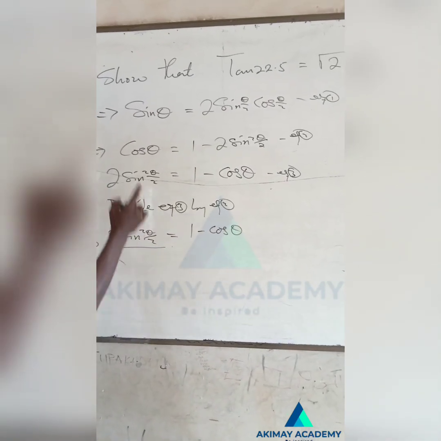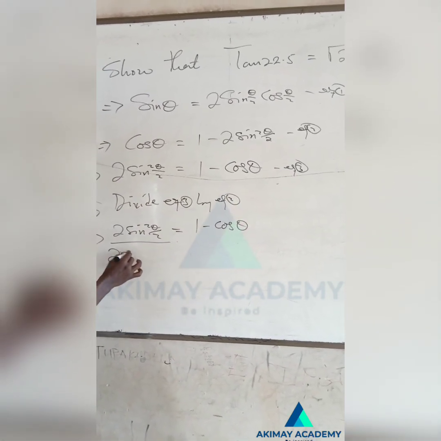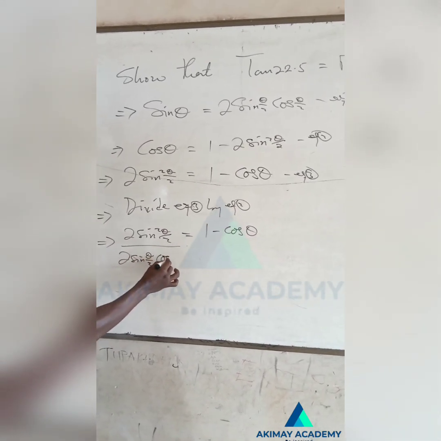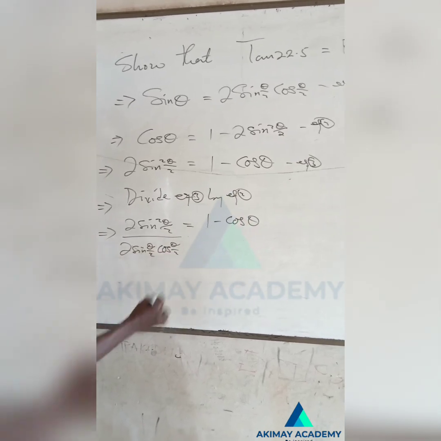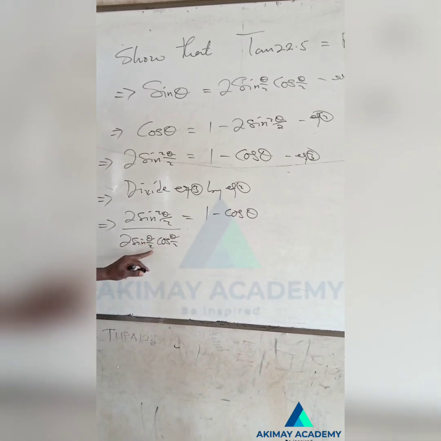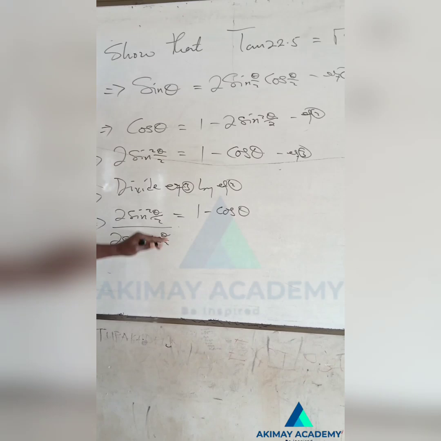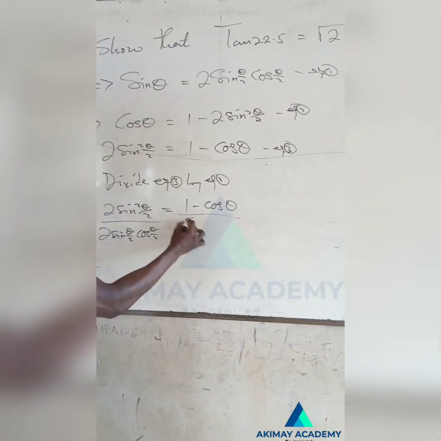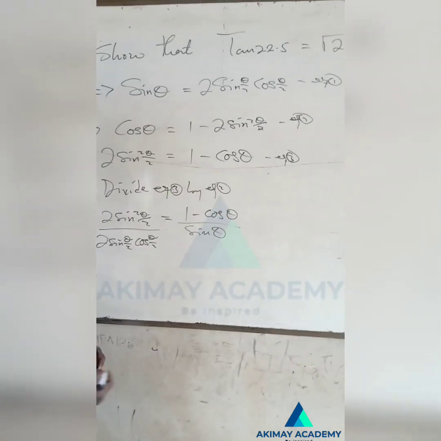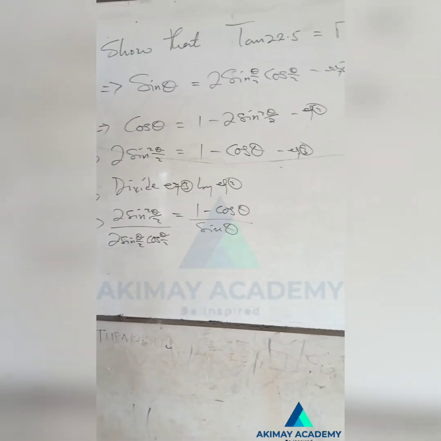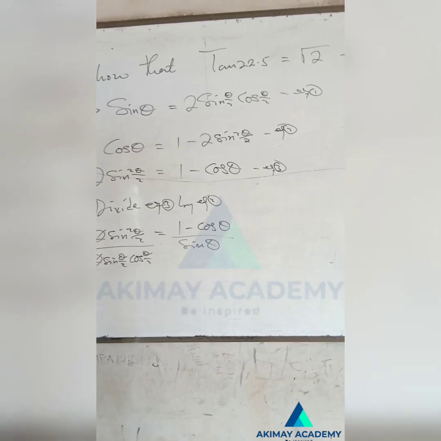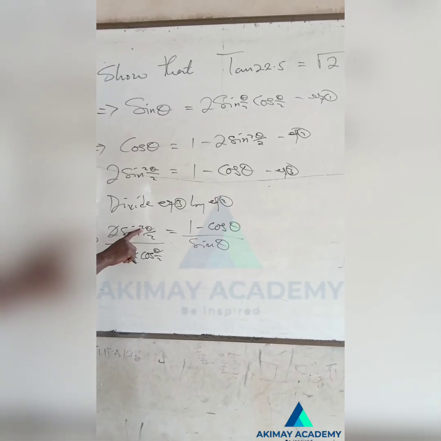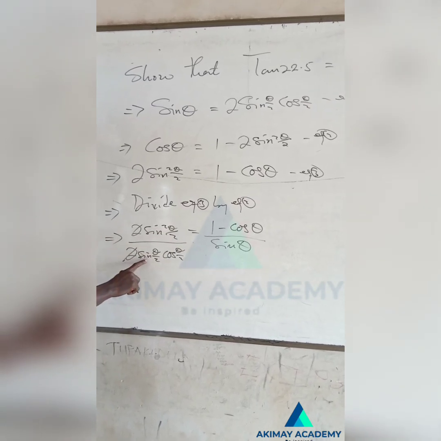So this section is divided by 2 sine theta on 2 cos theta on 2, as you can see over there, and this side divided by sine theta. From here you can see that this 2 will cancel this 2 off. Then here we have sine square theta on 2, and here we have sine theta on 2.